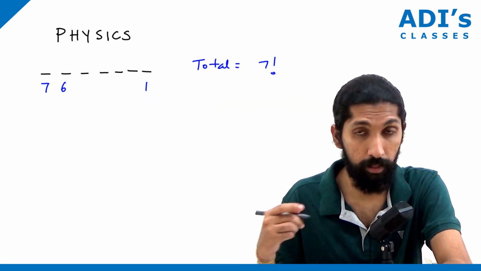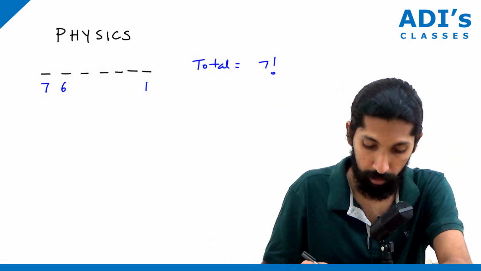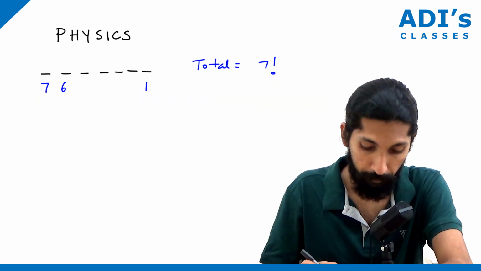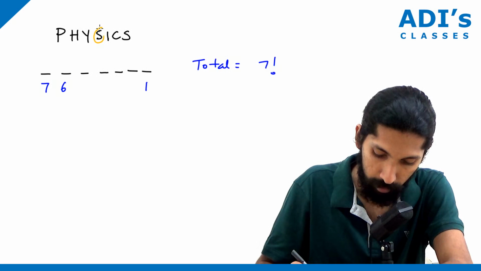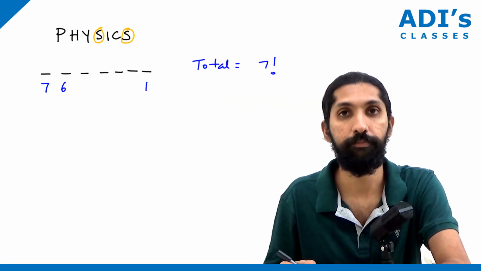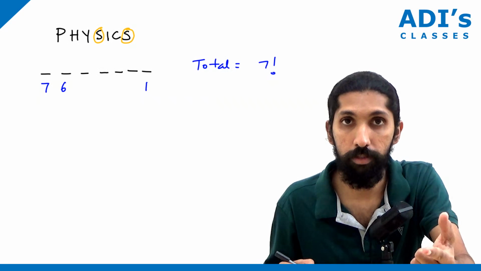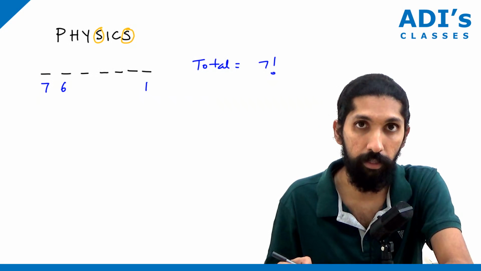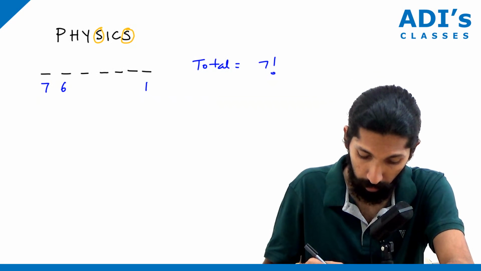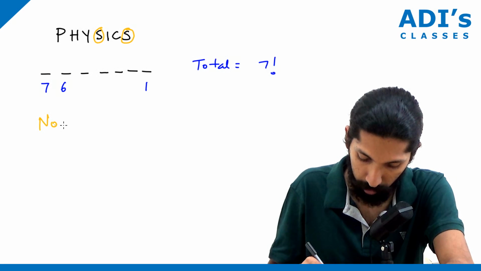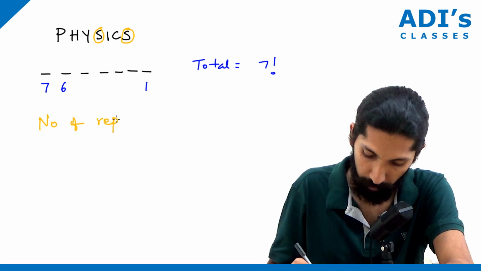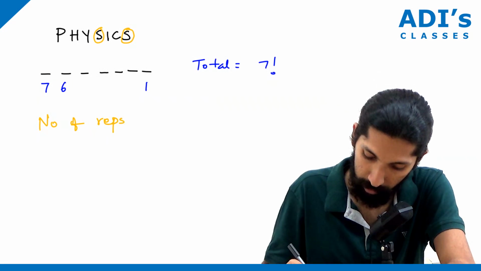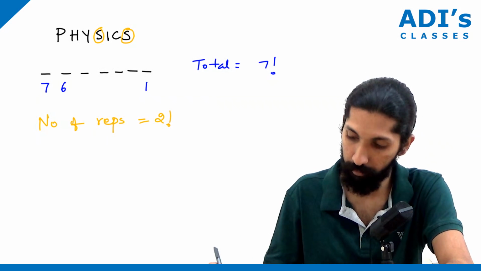After that, we look into the repetition. P is not repeated. S is repeated. How many times? Twice. So the repetition gives 2 factorial.